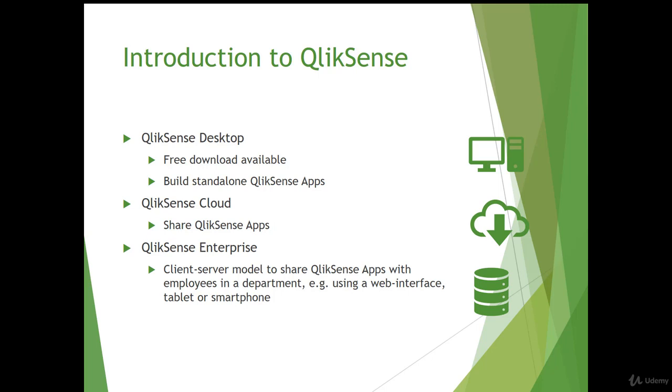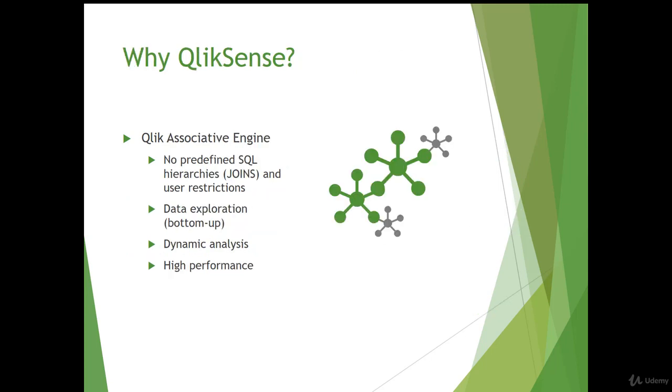One of the key differentiators of QlikSense and QlikView compared to other visualization tools is the Qlik associative engine. Most traditional visualization tools have a linear query approach. Within this linear approach, you mostly start from a predefined structure. So you're actually telling the end user how he should do the analysis and do not offer any room for exploration.